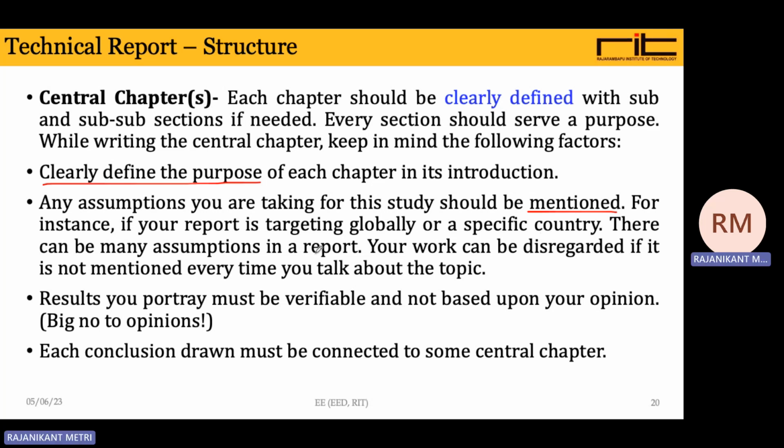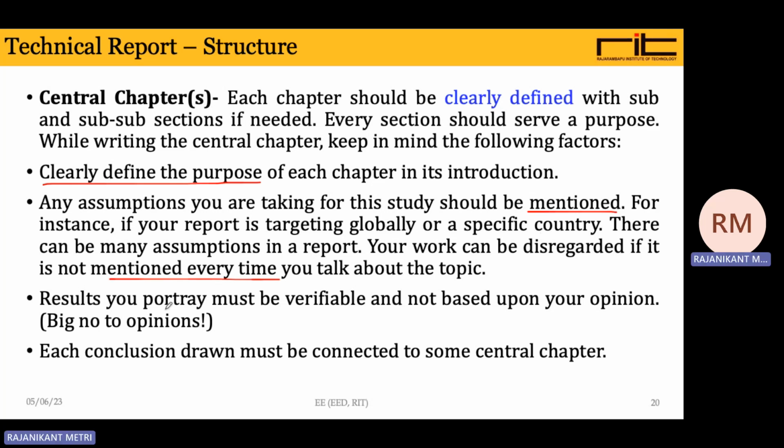If you have carried out work for a particular area, then you need to mention that this is applicable to that particular area. It is not applicable globally. Your work can be disregarded if it is not mentioned every time you talk about the topic. If you have not mentioned it and you are talking about only that point, then this is not a good thing.